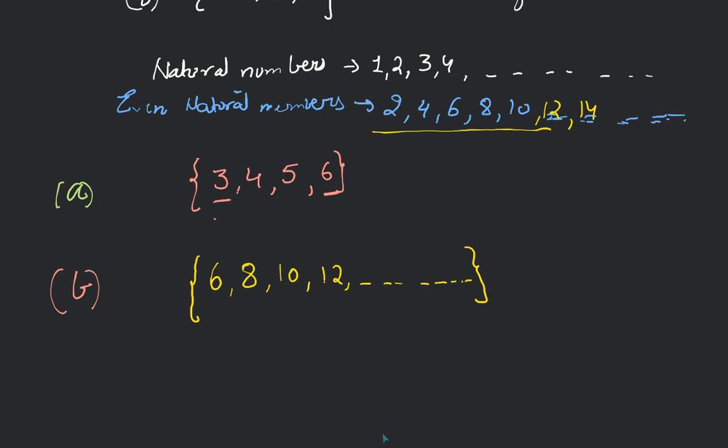After 12 there will be 14. It is understandable. After writing a few numbers in a set, if it is not possible to write the whole set because there is no ending given to it, we can represent it using a dash. It shows that they follow the same pattern.